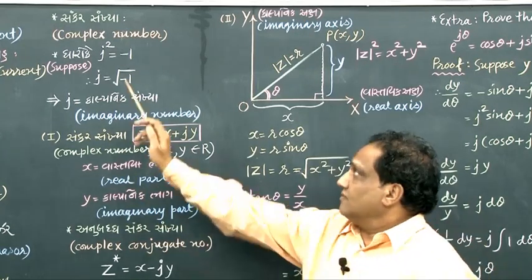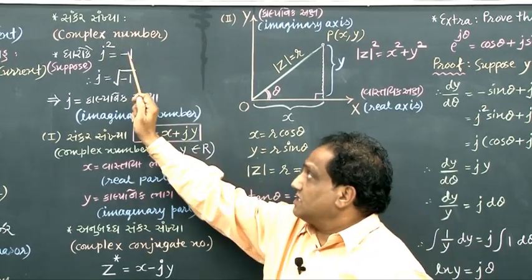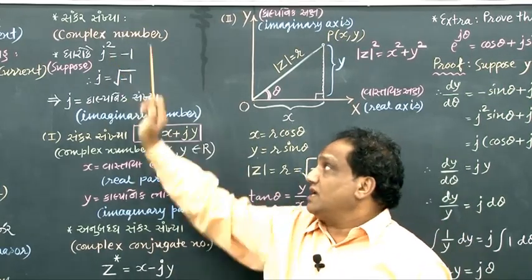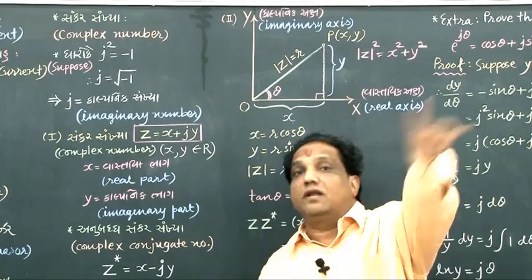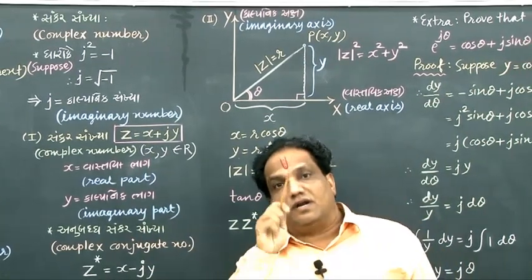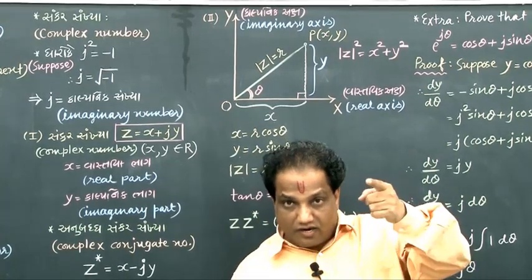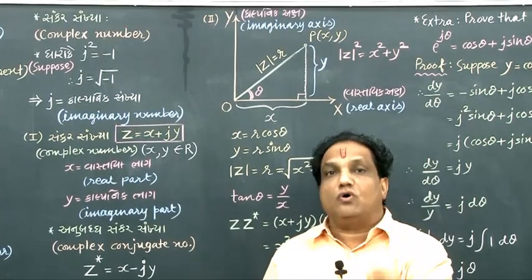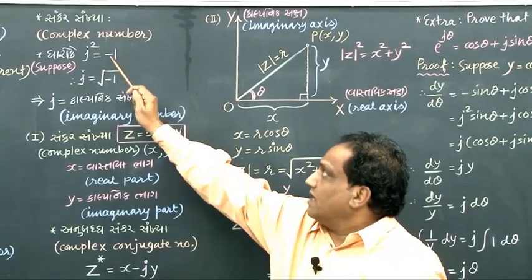When the squared number is negative, we must say that number j cannot be a real number, that is sure, because had it been a real number, its square would have been either 0 or positive, it cannot be negative.